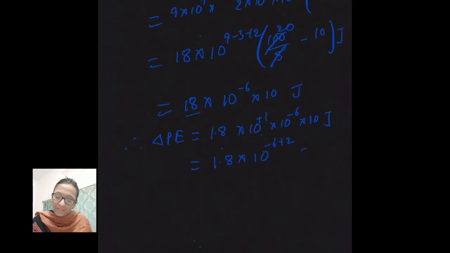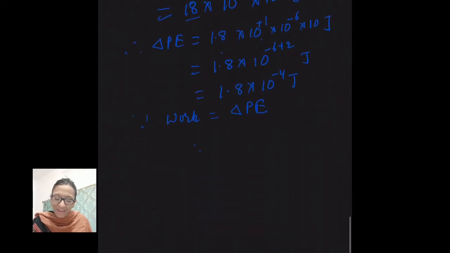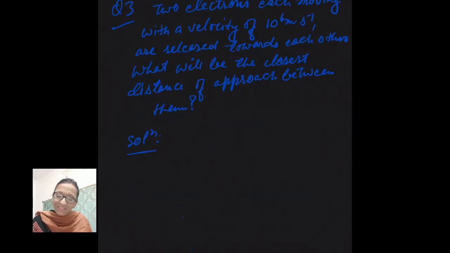And this you can simplify as 1.8 into 10 power minus 6 plus 2 joule, and this is equal to 1.8 into 10 power minus 4 joule. And since work is equal to change in potential energy, so this is equal to 1.8 into 10 power minus 4 joule.